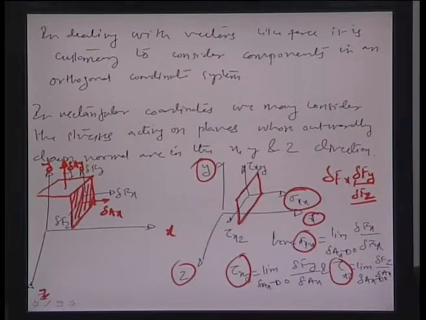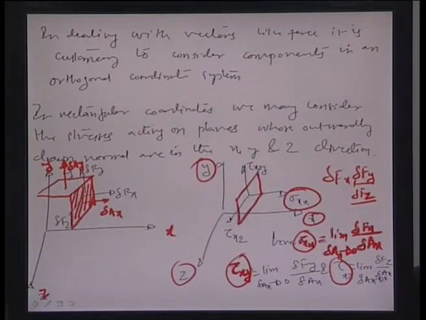So, the principal stress here sigma xx is essentially equal to the limit of delta A x tending to 0, delta F x by delta A x, and the other two components we represent as tau xy, which means the shear due to a force in the y direction, the second term here, applied to the area vector A x.